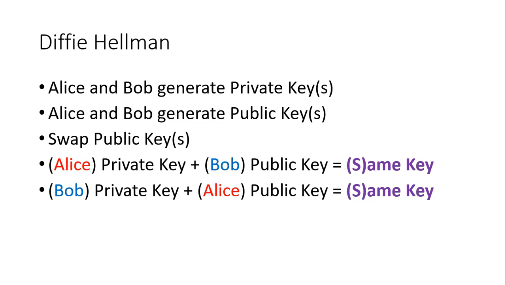Now, through advanced mathematics, Alice's private key plus Bob's public key would yield the same key as Bob's private key combined with Alice's public key. So basically, through advanced mathematics, my private key and your public key will get back the same key.